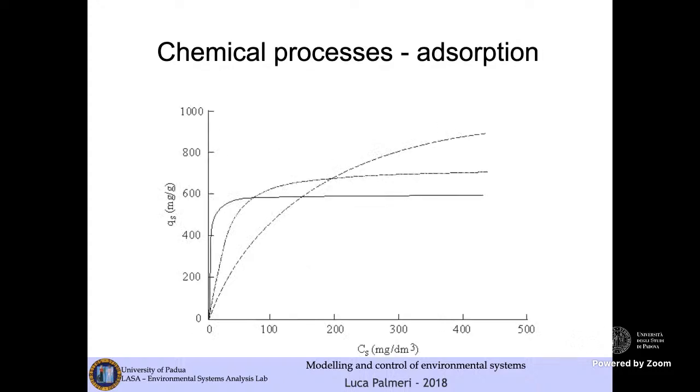We may plot these three isotherms. So you see that the Redlich-Peterson isotherm is a continuously, constantly growing isotherm. As a function of the concentration in the liquid phase, you have a constant increase in the solid phase QS; the concentration on the solid phase increases at a constant speed.